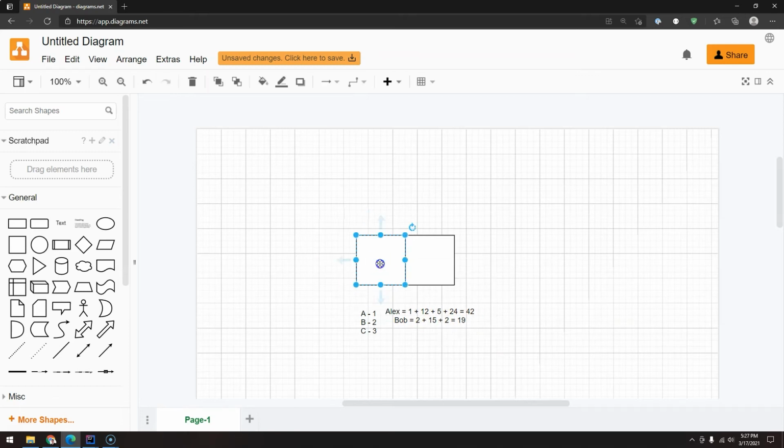So if we have a collection of names, we have Alex and we have Bob, and we have a hash identifying each of them. For example, we have a hash here that represents Alex. This is not an index, this is hash 42, and this one is 19.